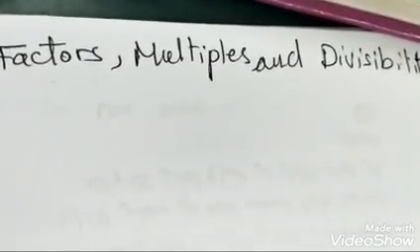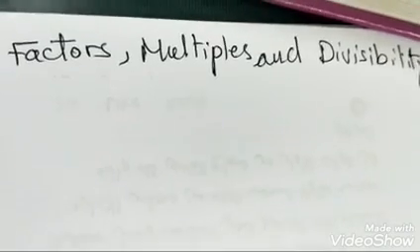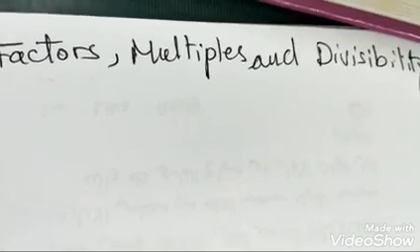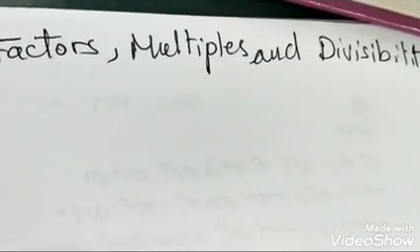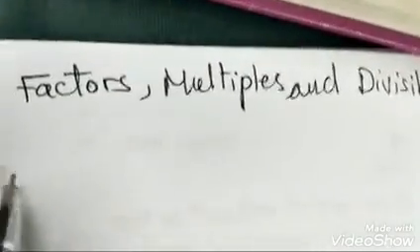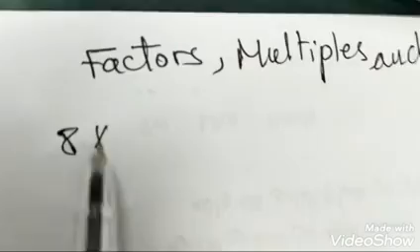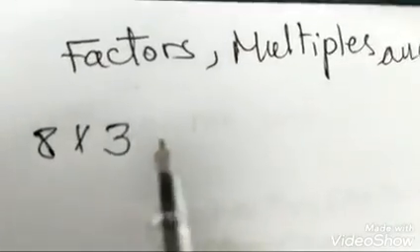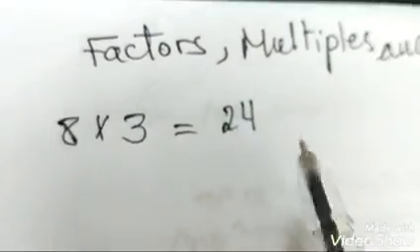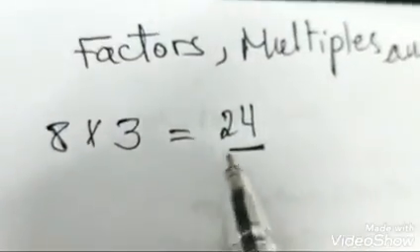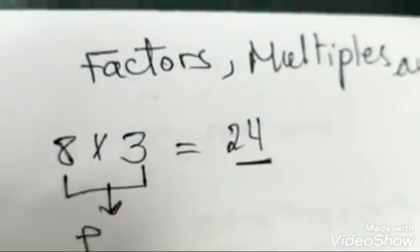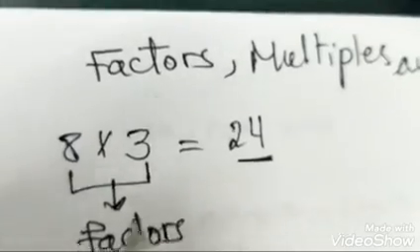If you want to talk about numbers, we have to talk about factors, multiples, and divisibility. The factors are numbers that are multiplied to find the product. What does it mean? If I have 8 times 3 equals a product, the product equals 24. These are 2 factors.